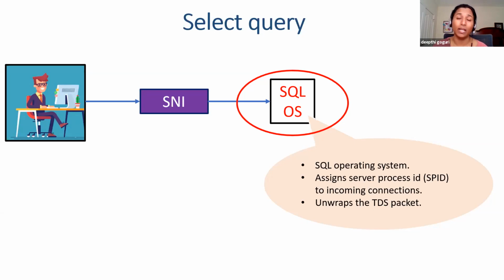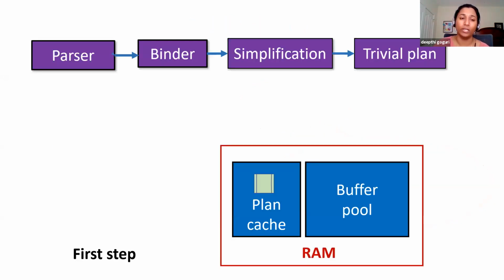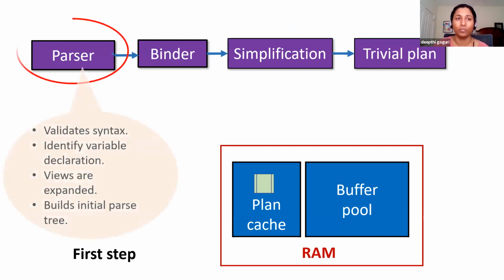So once the SPID has been assigned, SQL operating system will go ahead and unwrap that tabular data stream packet. Once the TDS packet has been unwrapped, that particular query is identified as a SQL query, and that query will now be sent to the first step inside the relational engine. Now, the first component inside the first step of relational engine is the parser.